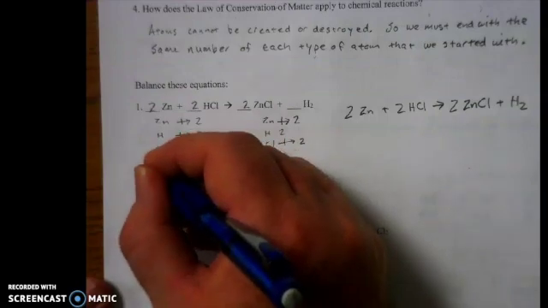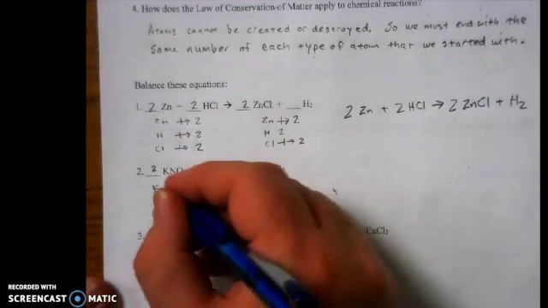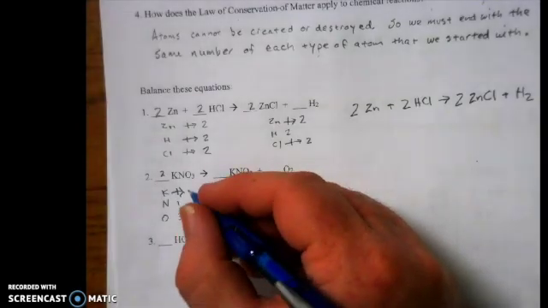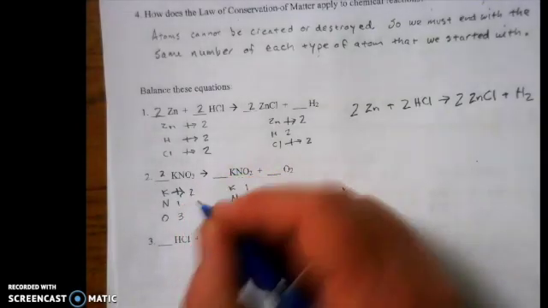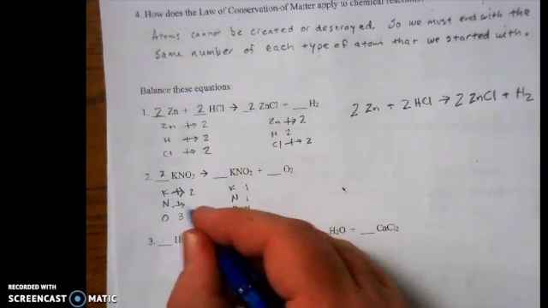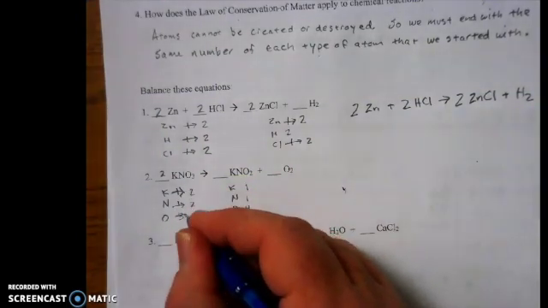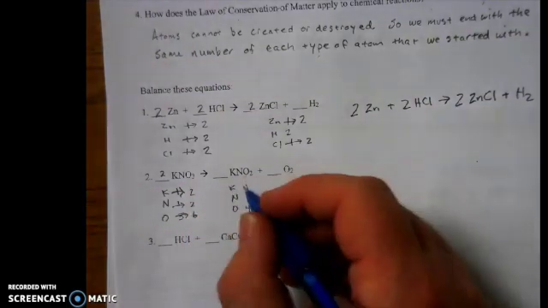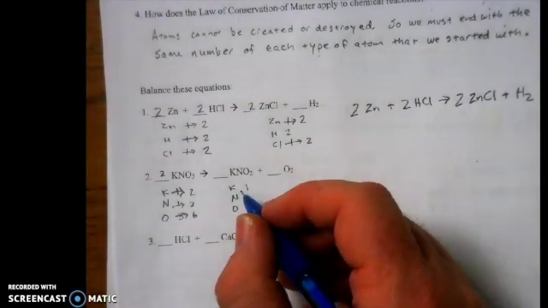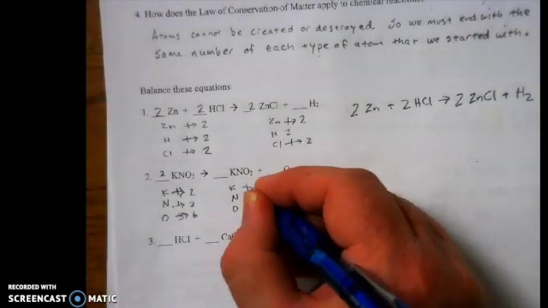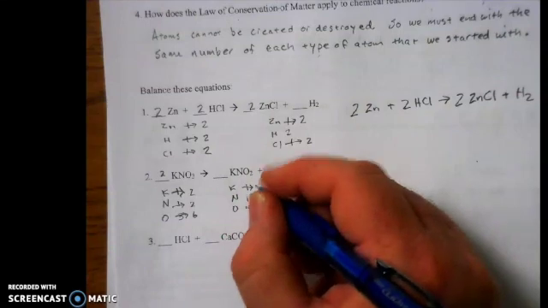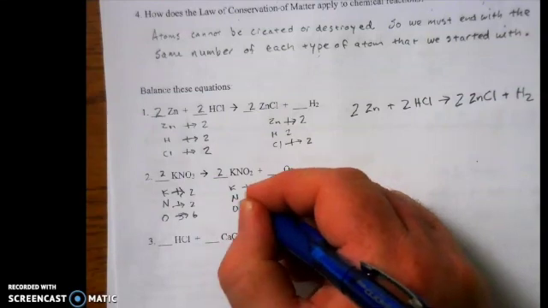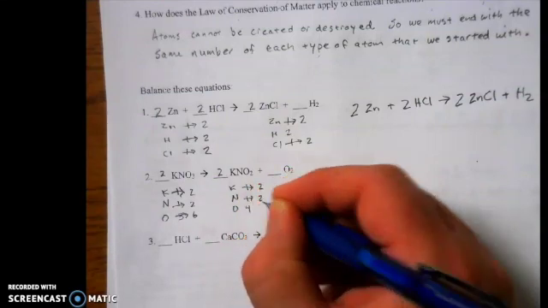We're going to put a 2 out in front here, and that gives us 2 Ks, 2 potassiums now, and 2 nitrogens, and 6 oxygens. So now we have to come up here and we have to fix our potassiums and our nitrogens. So we're going to put a 2 in front of this, and we'll get 2 potassium, 2 nitrogen.